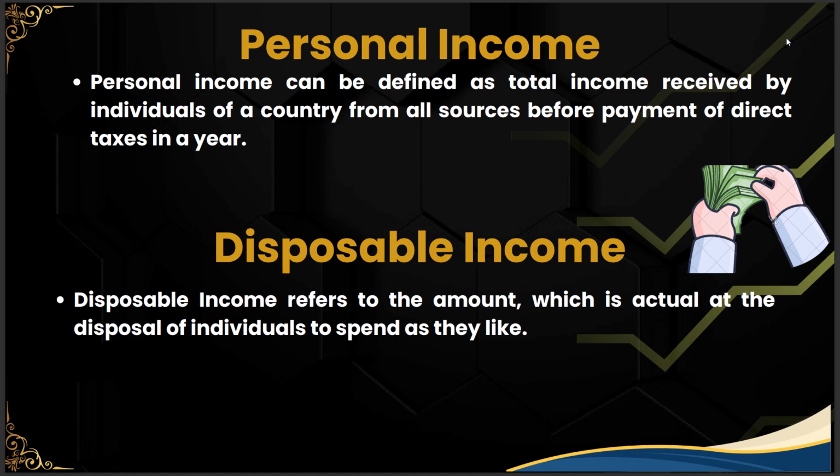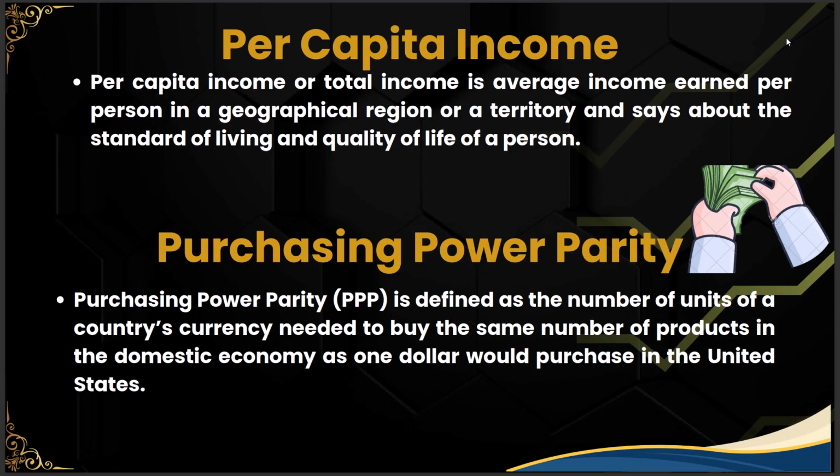Now looking into the next, it's per capita income. Per capita income is nothing but total income. It's the average income earned by a person in a geographical region or territory.